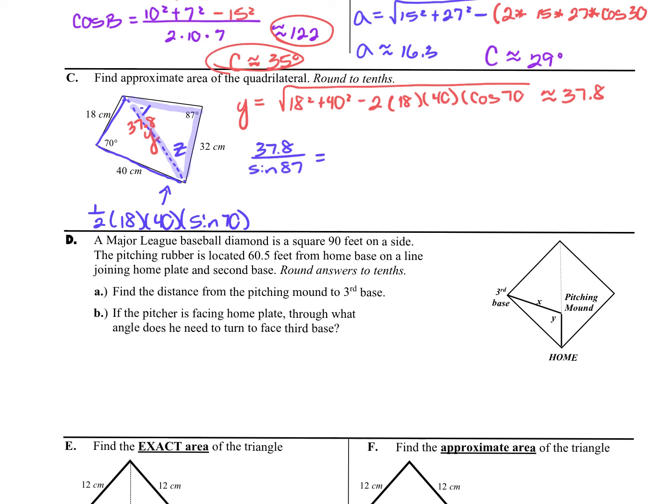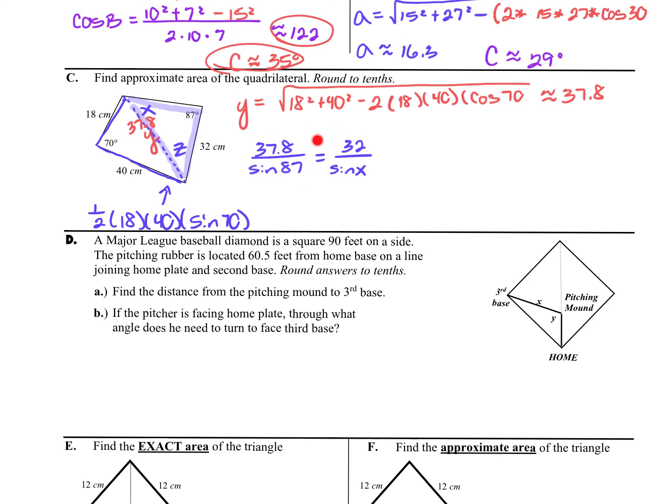I wanted to put this as an x up here. I want to do my 32 over the sine of x, okay? I have to find this angle before I can get this z. I do want z eventually, but I've got to get this x first, okay?